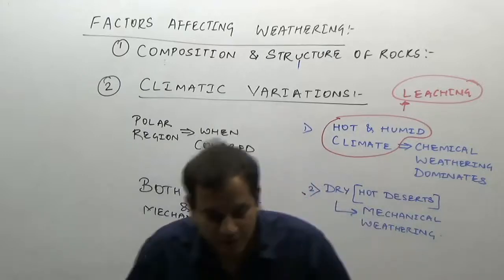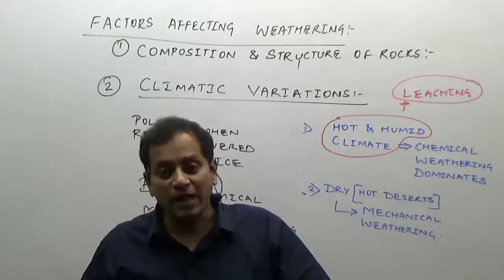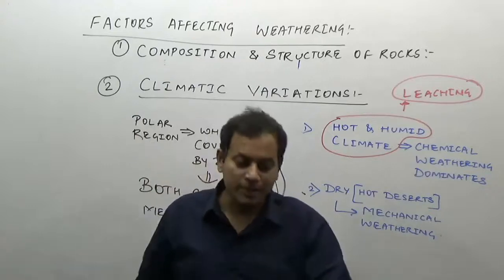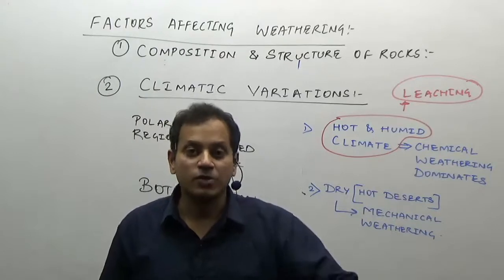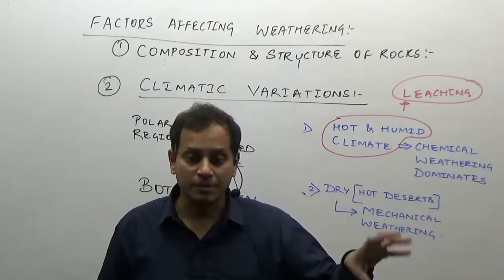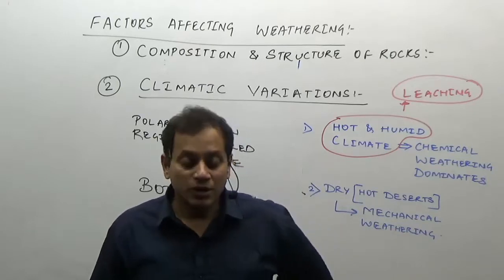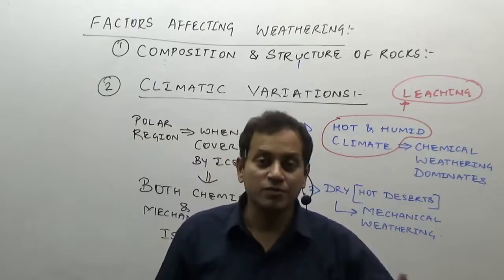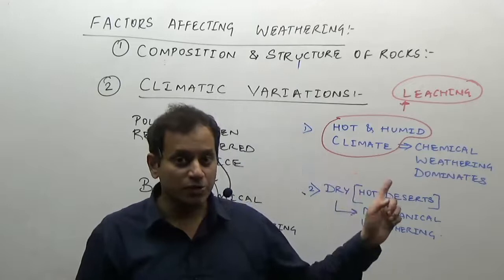As a result, the soil which is rich only in iron and aluminium remains, while all other major minerals are removed. It occurs in the region of very heavy rainfall. This process is known as leaching.